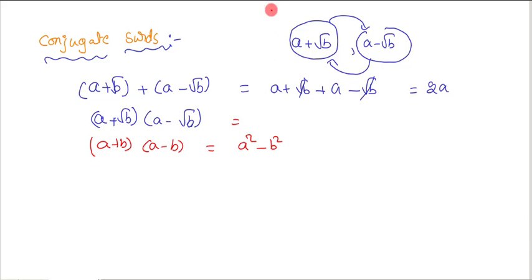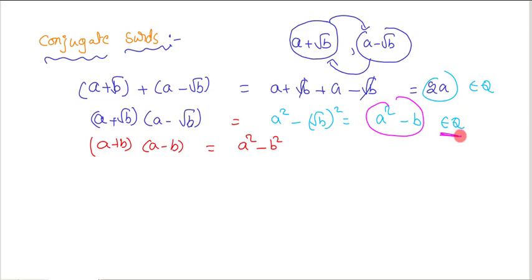By using this formula, we can write (a plus root b)(a minus root b) as a square minus root b the whole square, which is a square minus b, again a rational number. That means the sum of two conjugate surds is a rational number, and the product of these conjugate surds is also a rational number.